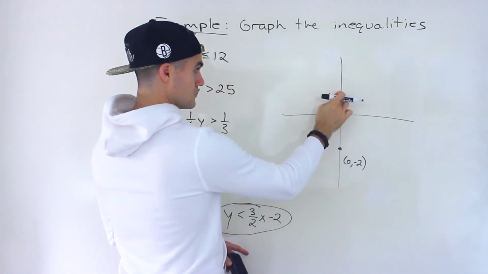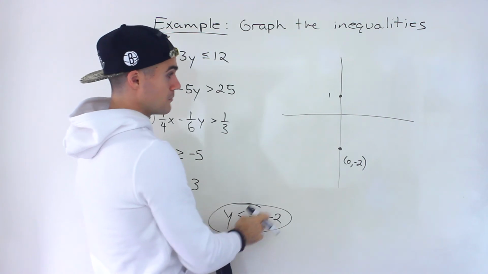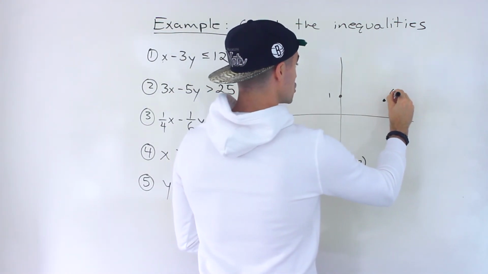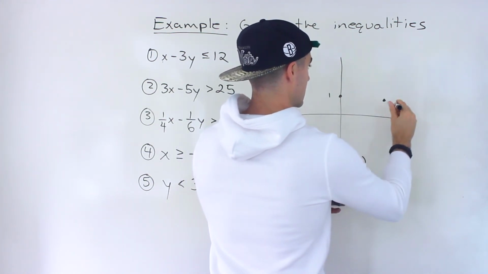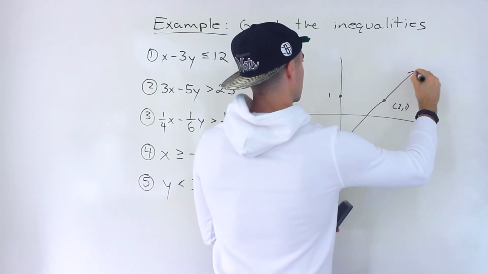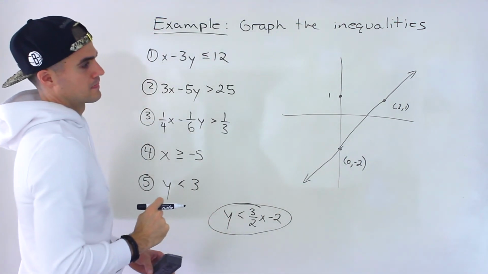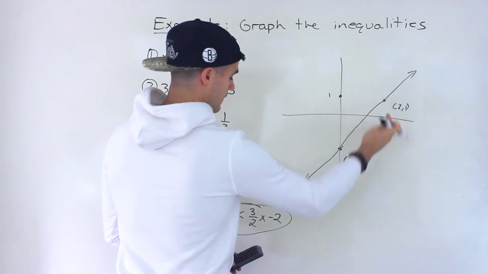If we rise by 3, we'll end up with positive 1. Then we're going to run by 2. So the point would be (2, 1). Like that. Right, so we've got (0, negative 2), and then (2, 1).